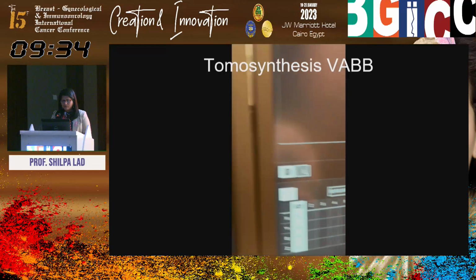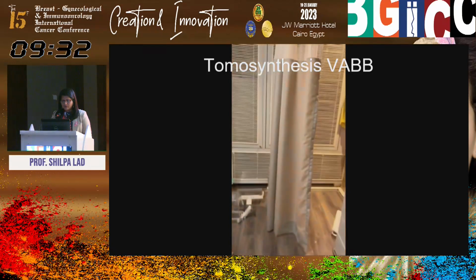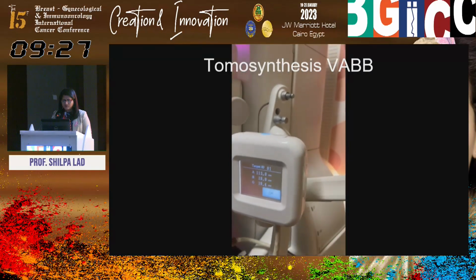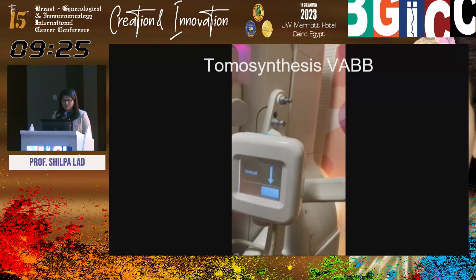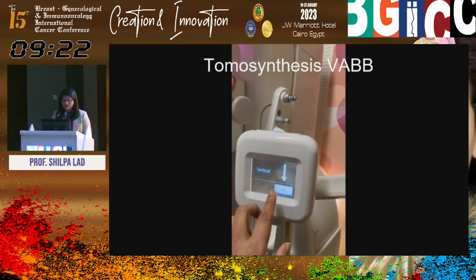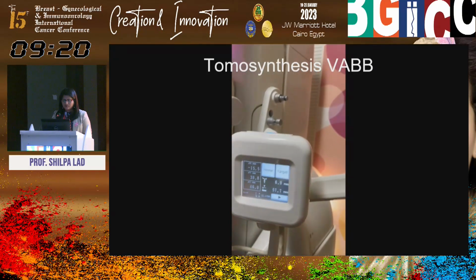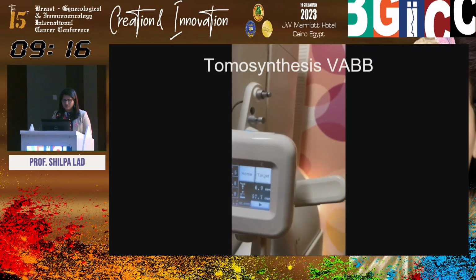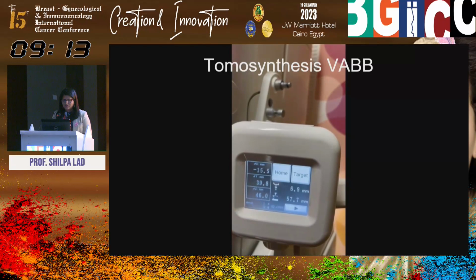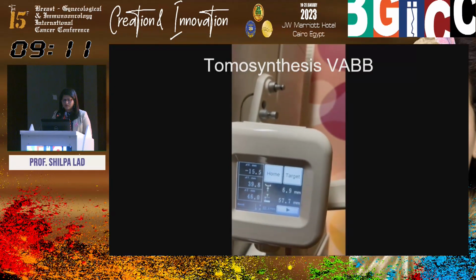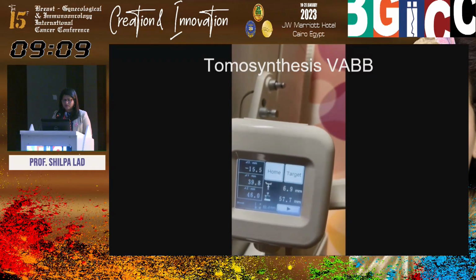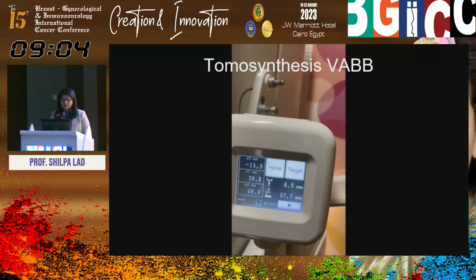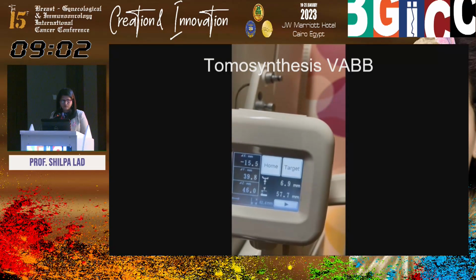Okay, so now we'll move towards the machine. Okay, on the machine we are seeing the targets right here, and we just do OK here. Okay, and it asks us if it is okay to go vertical, and we say OK. Okay, then what we do is the X and Y is selected here, and this is the Z. The Z is accounting for the thickness of the breast as well as the depth of the microcalcifications within the breast.